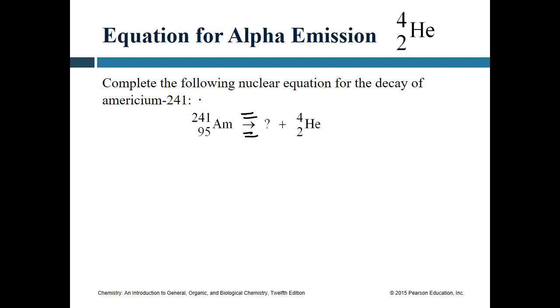So if I have 241 as the mass number here for americium, I know that whatever this mystery particle is plus 4 is going to give me 241. Now we just got to do a little bit of simple algebra. Subtract 4 from both sides. I'm going to get 237 as my mystery mass number.